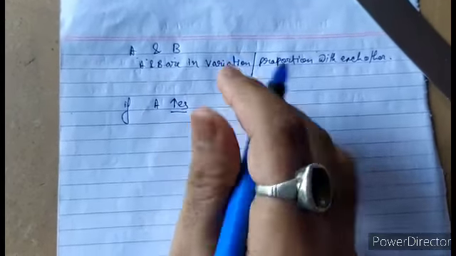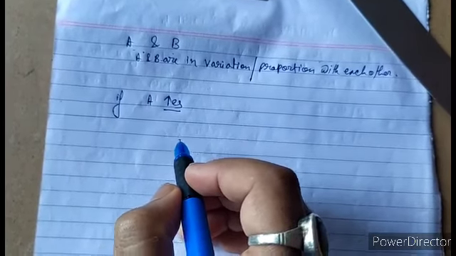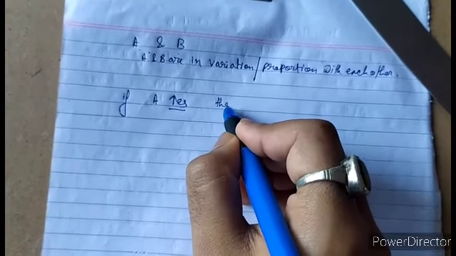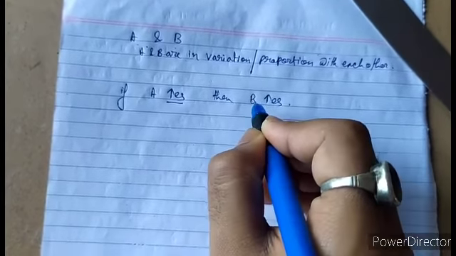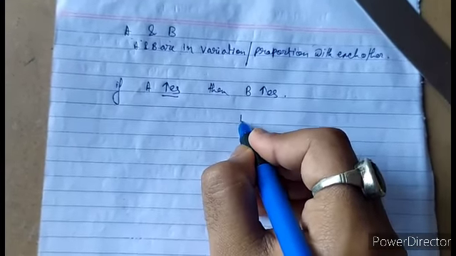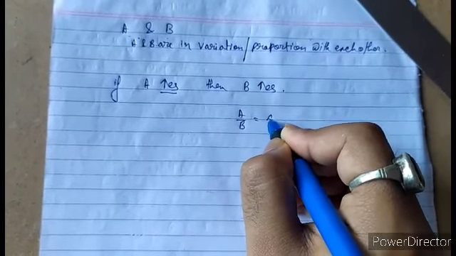Okay, it is a shortcut method to reduce the time. If A increases, then B will also increase in such a way that the ratio A by B remains constant.